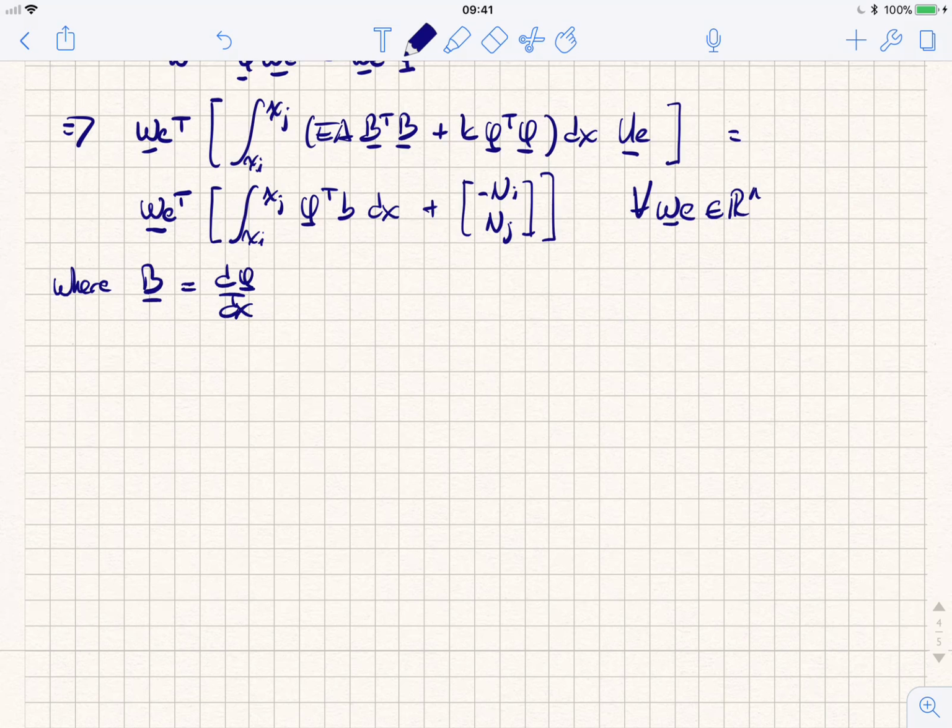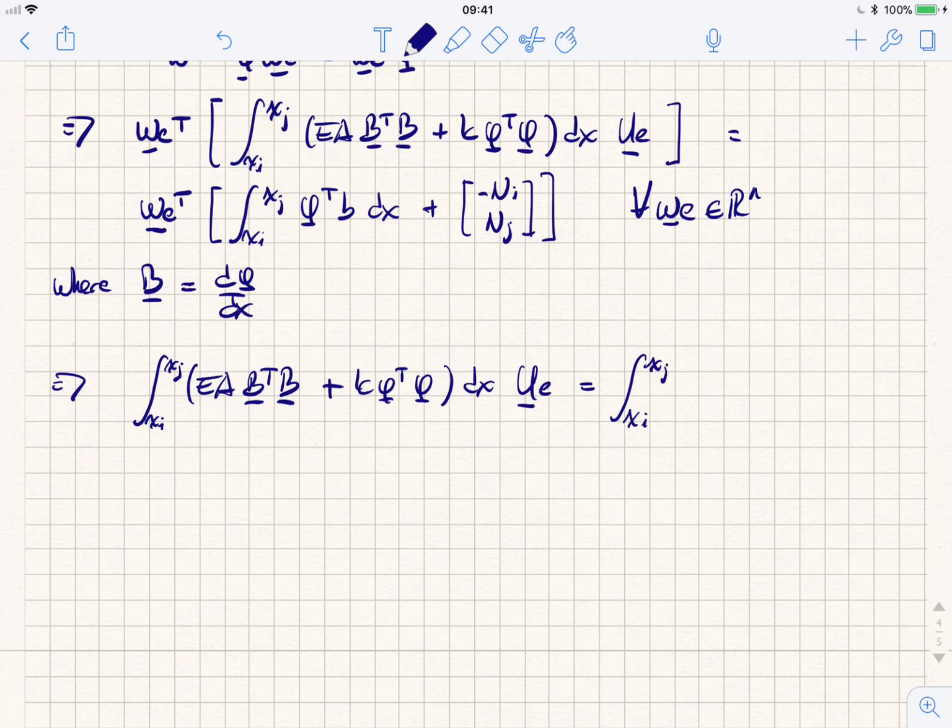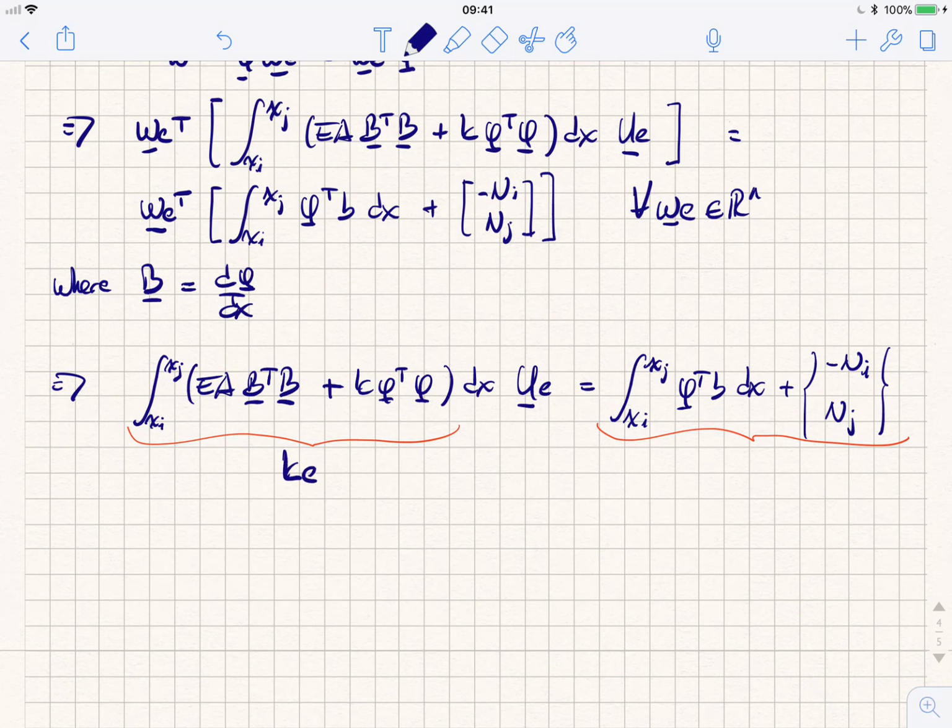So if you do that, then you get the integral over xj of EA B transpose B plus K phi transpose phi dx times UE is equal to the integral of phi transposed B dx plus, minus Ni and J. And what you see on the left is going to be our local stiffness matrix, and this is going to be our local force vector. And it's expressed in matrix form.